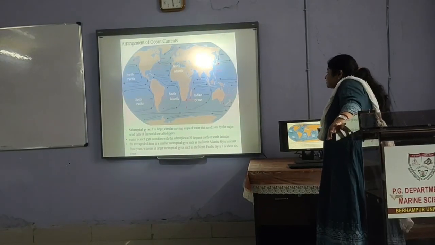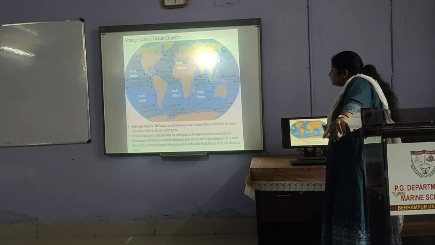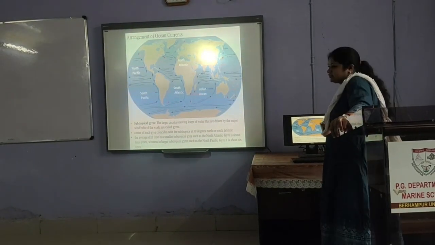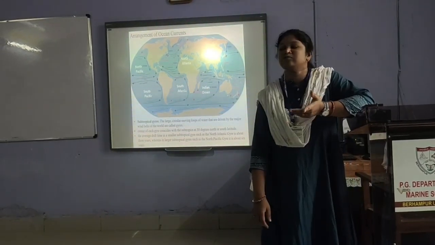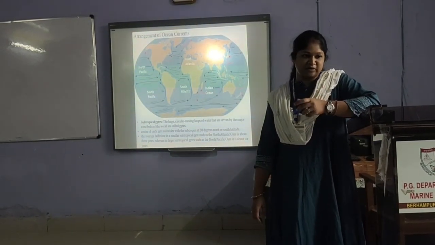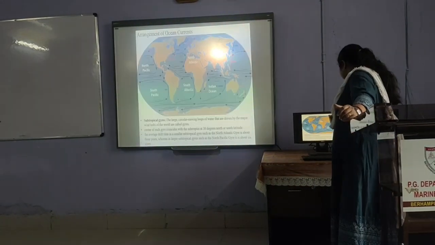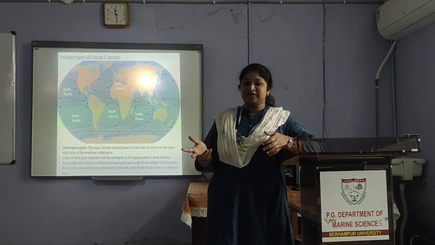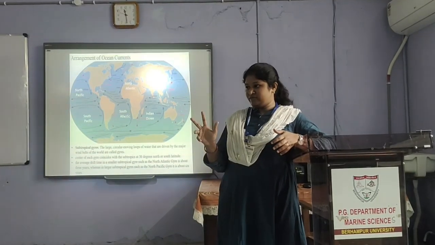In the Southern Indian Ocean, there is no land mass, so there should be one gyre. But for the Indian Ocean, it is something different. In addition to that, there is also the monsoon, so because of the monsoon the circulation pattern will be different. Because of the atmospheric wind belts, different kinds of gyres form.